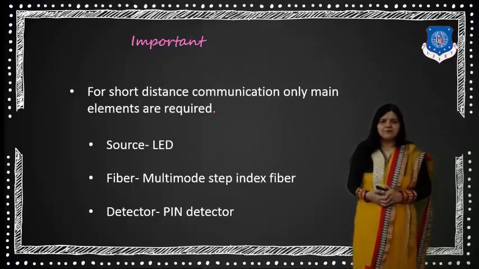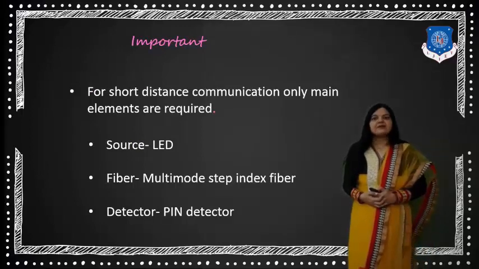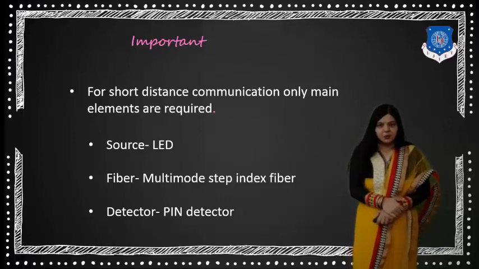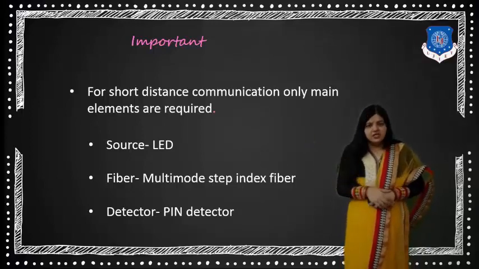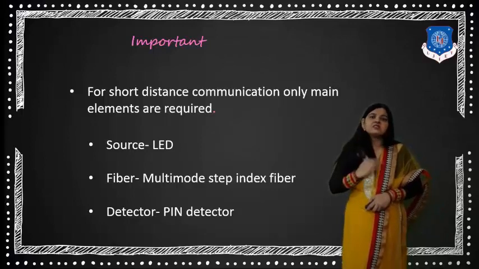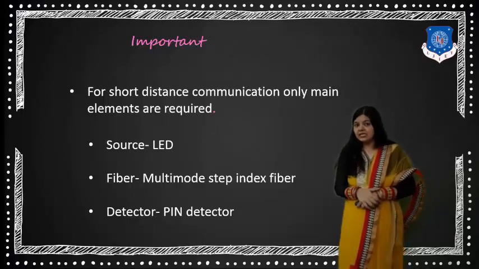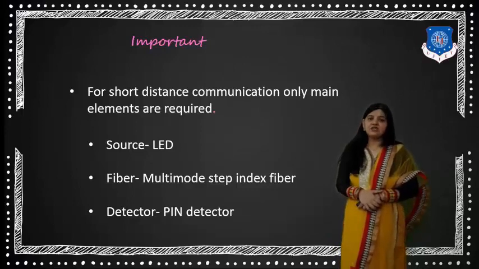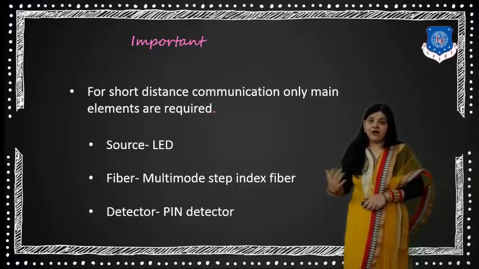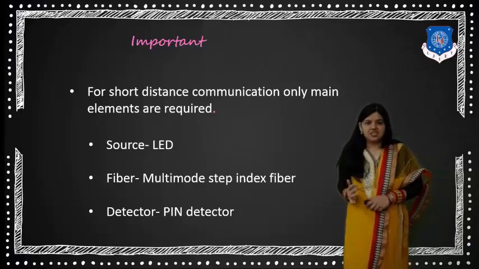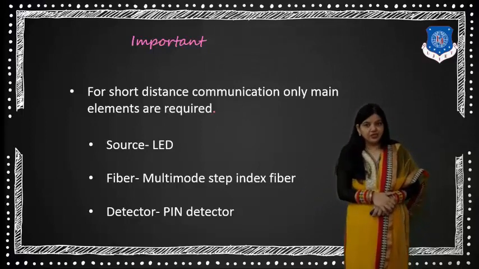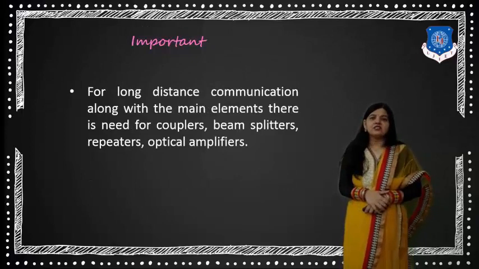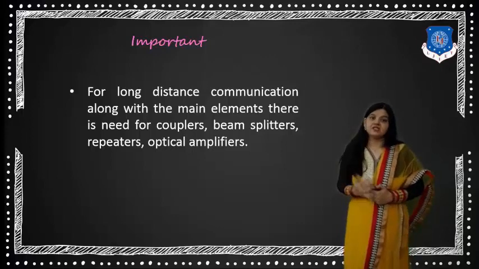So now, some important points to remember for short distance communication and long distance communication. In short distance communication, the source required for converting the electrical input signal into the light form is the LED. The fiber we need to use is a multi-mode step index fiber. For the detector, we can use the beam detector. Similarly, for long distance communication, the main elements are the couplers we need to use.